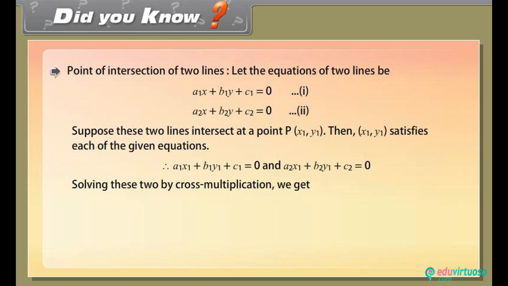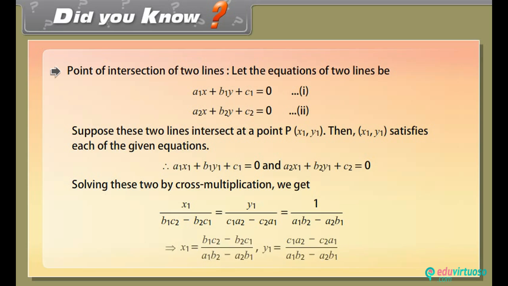Solving these two by cross multiplication, we get x1 / (b1c2 - b2c1) = y1 / (c1a2 - c2a1) = 1 / (a1b2 - a2b1). It implies x1 = (b1c2 - b2c1) / (a1b2 - a2b1), y1 = (c1a2 - c2a1) / (a1b2 - a2b1).